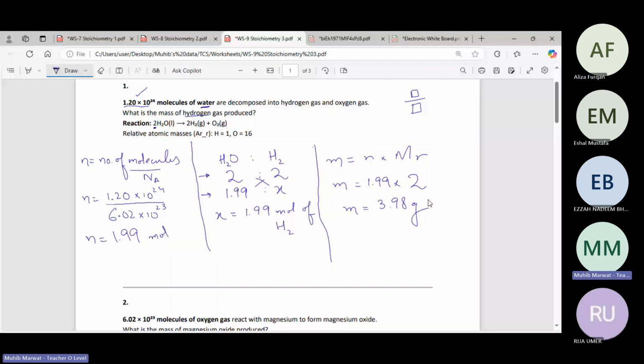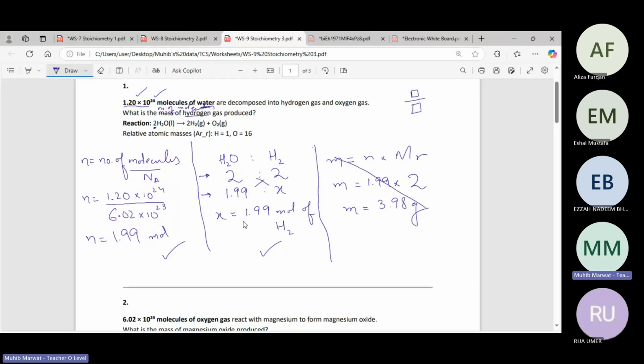Now another question: if particles are given and you have been asked to find the number of molecules of hydrogen gas, then what will you do? Will you do the first step? Yes, sir. Will you do the second step? Yes. Will you do the third step? No, sir. So what will you do?